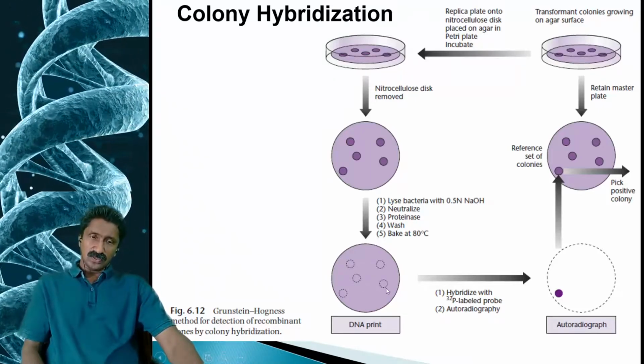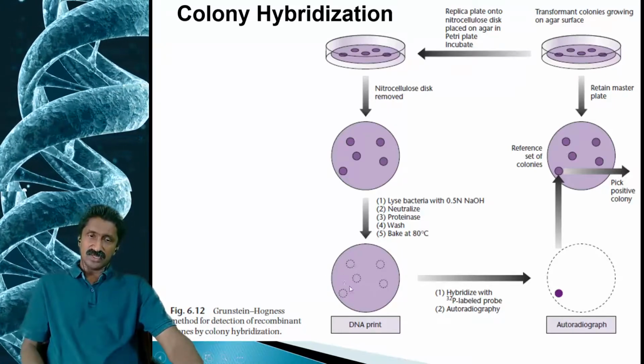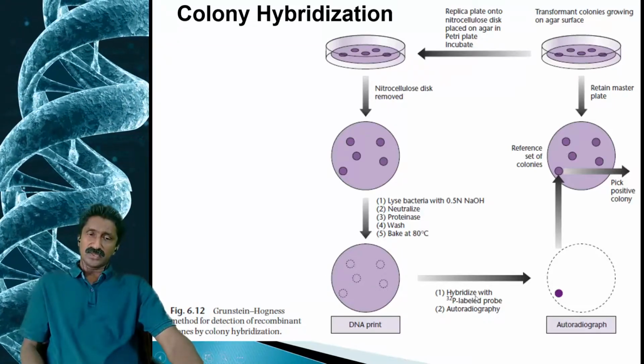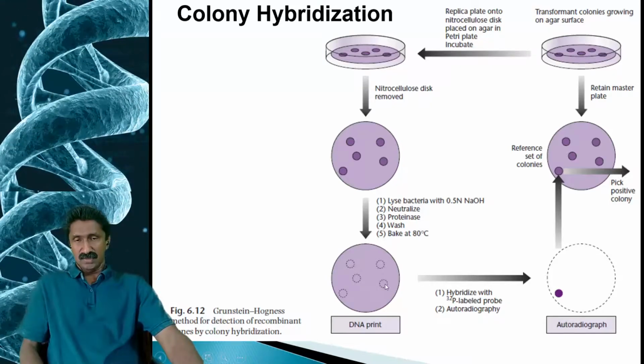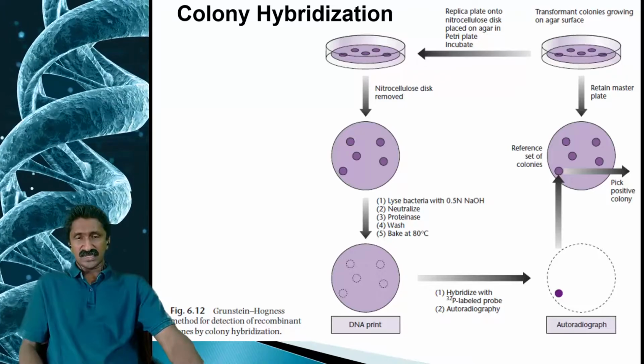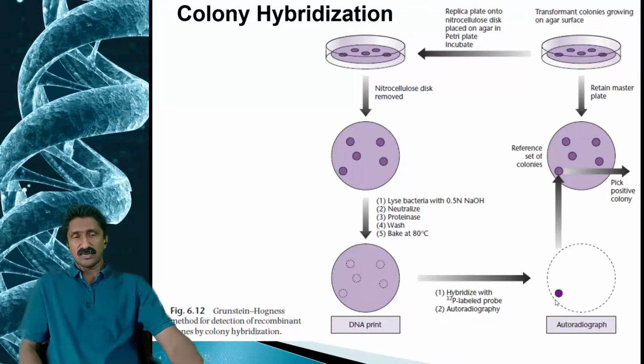Only the colonies, or the DNA extracted from the colonies, will bind to the probe labeled with the radioactive label. So a sequence specific interaction is occurring here, and that will bind here.